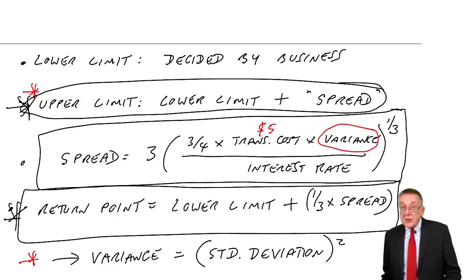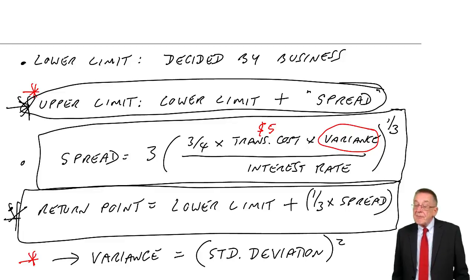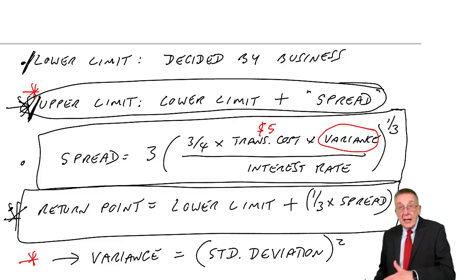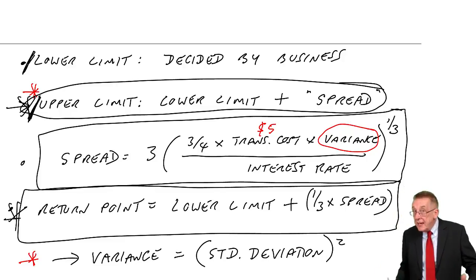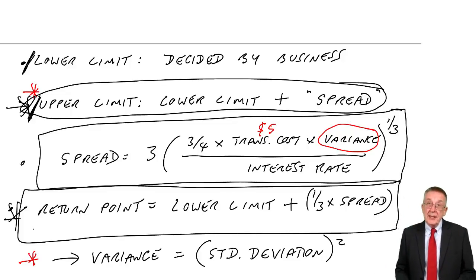If he gives you the spread, you can get the upper limit or the return point. And also appreciate, if he gives you the lower limit and the upper limit, you can calculate the spread because it's the difference between the two. And once you've got the spread, the return point's easy.